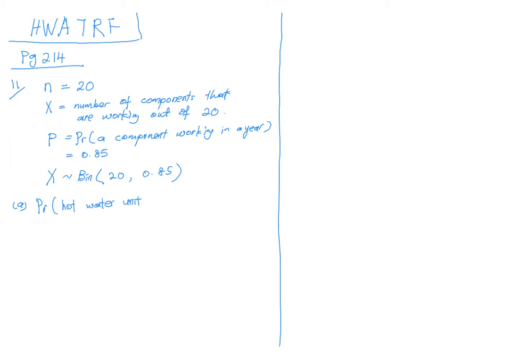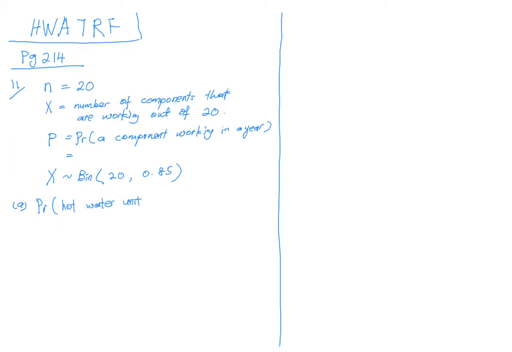So then in PR, a component working is 1 minus 0.85. So I'm wrong now? Because 0.85 will fail. Yeah, you're right. The probability that an individual solar panel will fail in a year is 0.85. So I'm saying working, correct?